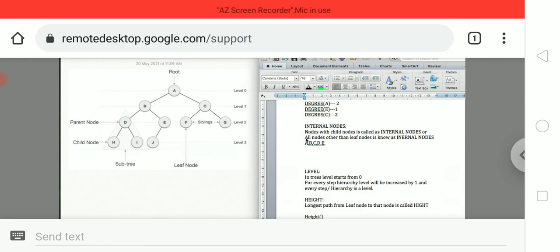B side is the longest path and C side is the shortest, and we have to see only the longest path. So height of A is A to B, B to D, D to H, that means 4.